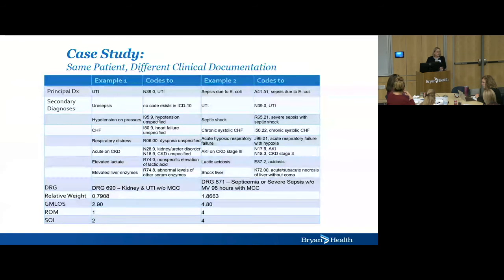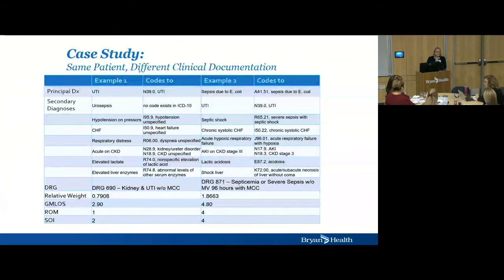If that is all that was documented throughout the chart, after discharge that patient would have a risk of mortality level of 1, which is classified as a minor risk of mortality, and a 2 for severity of illness, which is a moderate severity of illness.